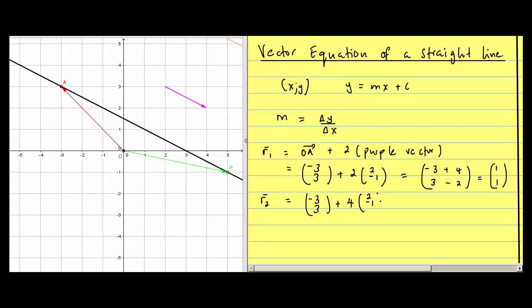That's what the purple vector was, and you can simplify this to show that it's -3 plus 8, and here is the y component. It'll be 3 minus 4.